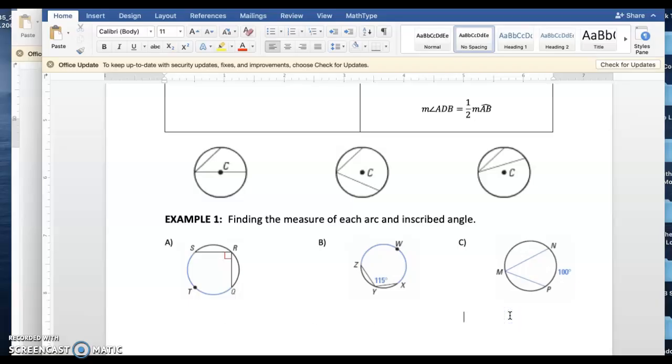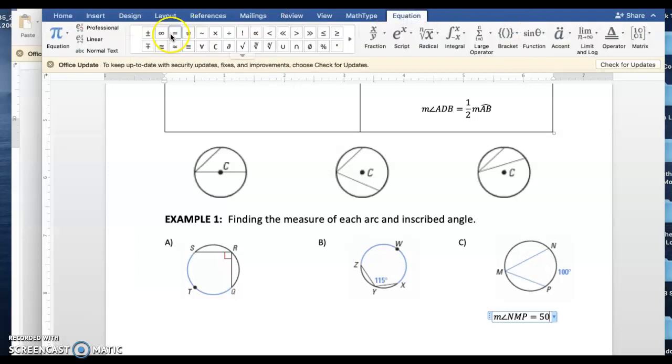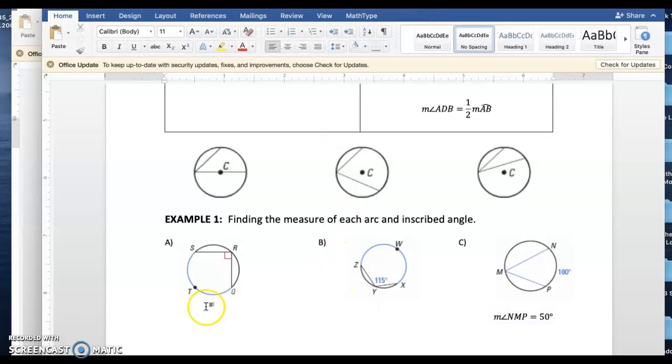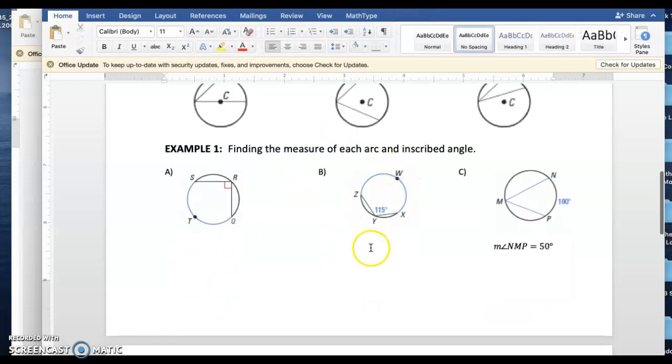If I wanted to find the measure of angle NMP, so this inscribed angle, I'm going to take half of the arc it intercepts. So half of arc NP is equal to 50 degrees.